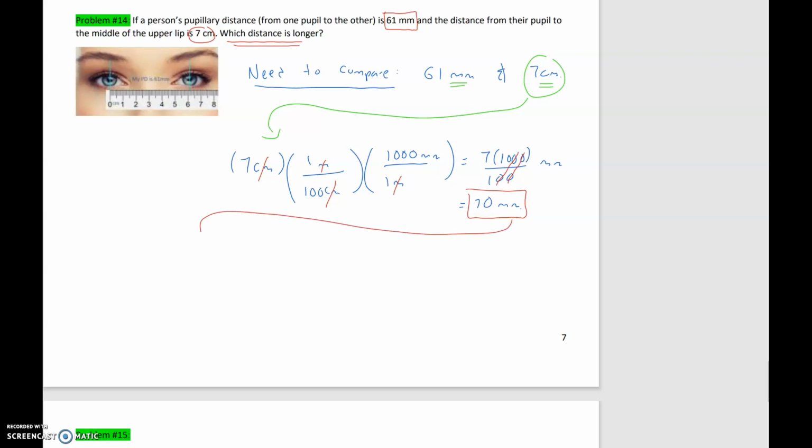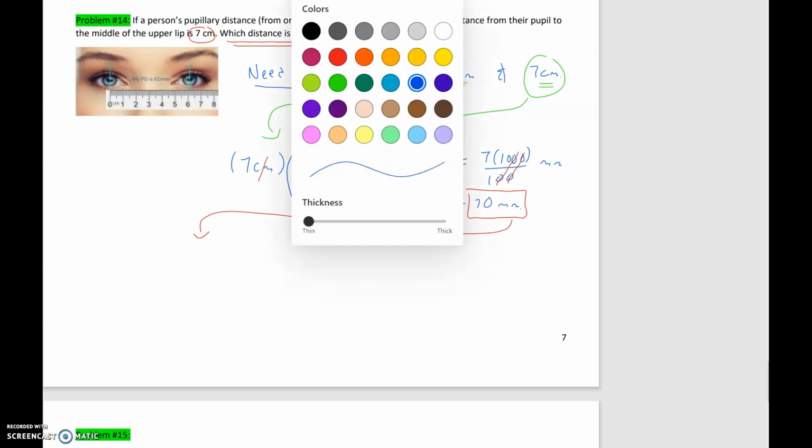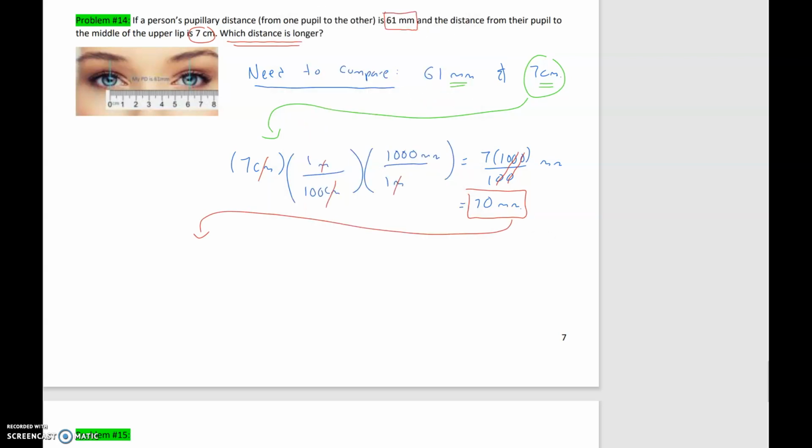And then let me just rewrite it out that in this case, 7 centimeters represents 70 millimeters. And then I'll just say, hence, since we're comparing 61 millimeters to the equivalent 70, 70 millimeters is longer.